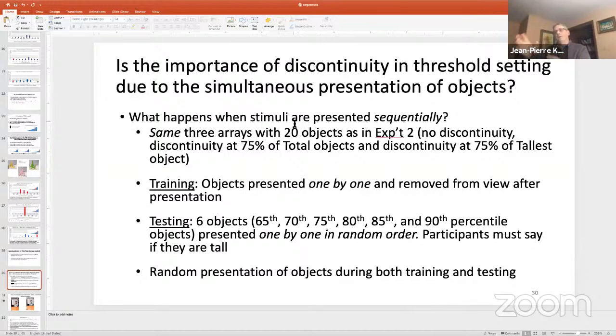The results from the other don't change the conclusion much. And one thing of note is we are, as far as we know, the first people who ran experiments on scalar adjectives where the presentation was sequential, which is presumably more natural.